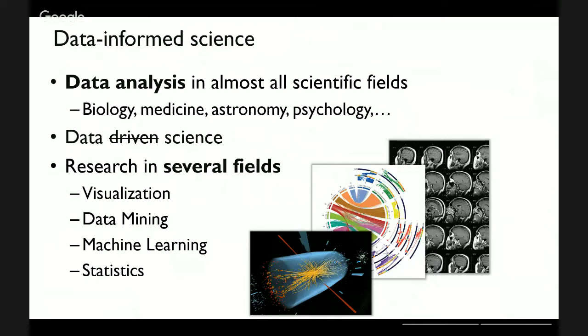But what we now see is that in all scientific practices, we have new mechanisms, new ways, and new availability of data that is informing the way we do science. This is a topic of research in many scientific fields that are trying to improve this link between the analyst, the scientist, and the data.